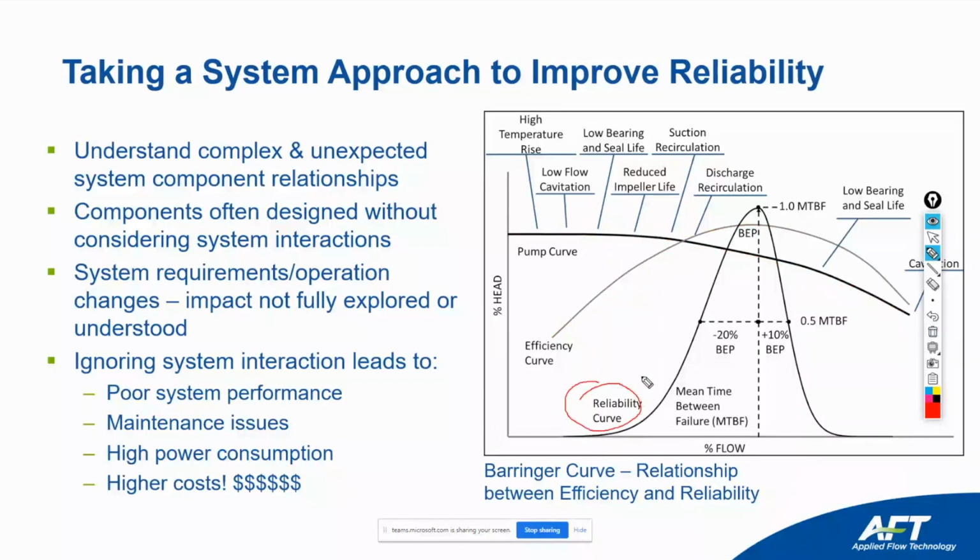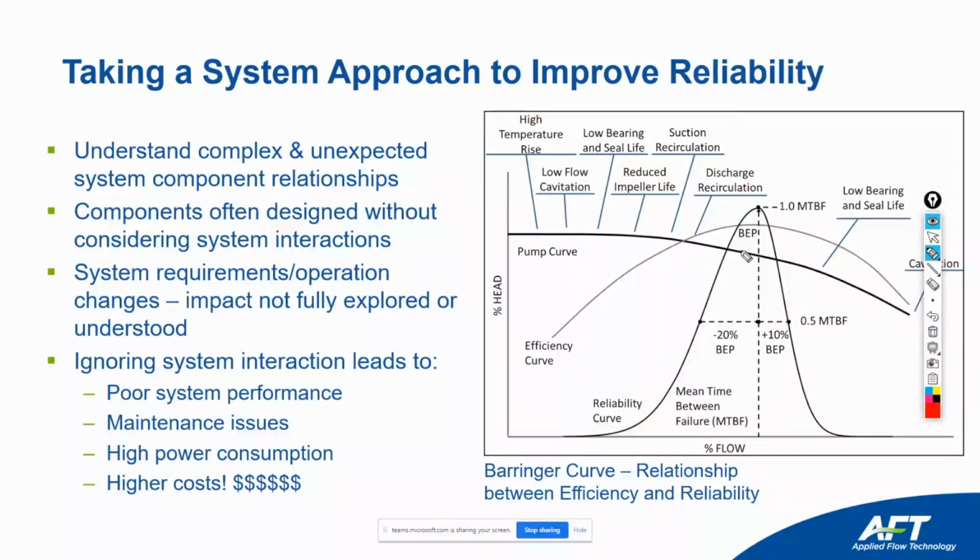The goal is to ensure that your pumps are operating as close to the best efficiency point as possible. The more that you can operate close to that location, the more you're going to be avoiding these types of problems if you're riding back or forward on your pump curves.